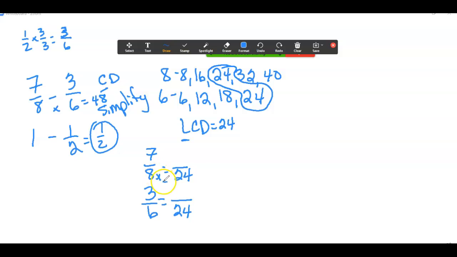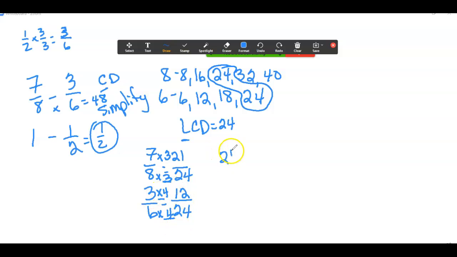So 8 times what is 24? What I do to the bottom, I do to the top. So 7 times 3 is 21. 6 times what is 24? What I do to the bottom, I do to the top. 3 times 4 is 12.